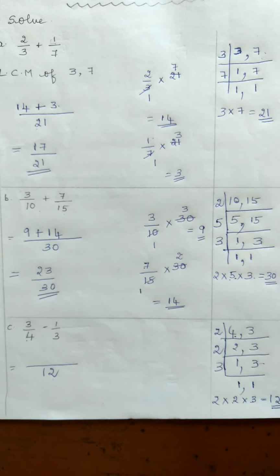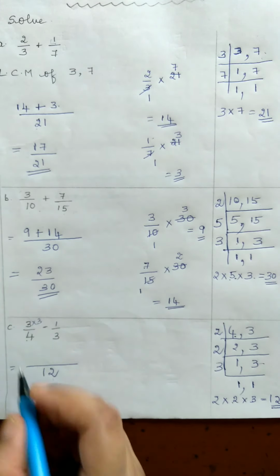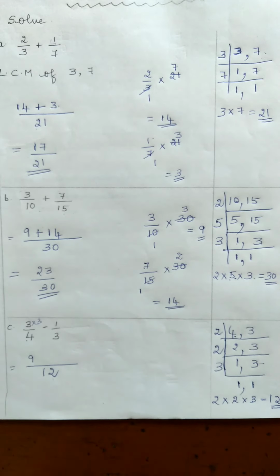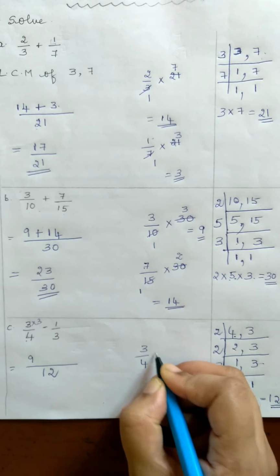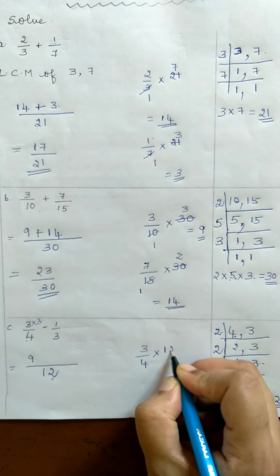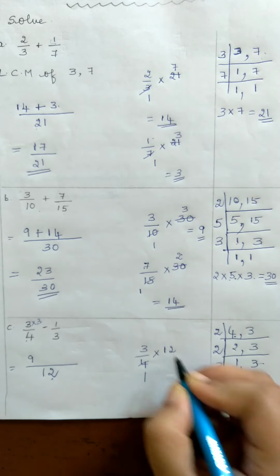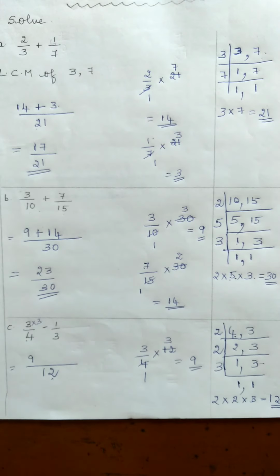So multiply the 3 to the numerator. So you get 3 3s are 9. Or you can follow another method, that is 3 by 4 into multiply the LCM value. Therefore, you get 4 1s are 4, 4 3s are 12, 3 3s are 9.